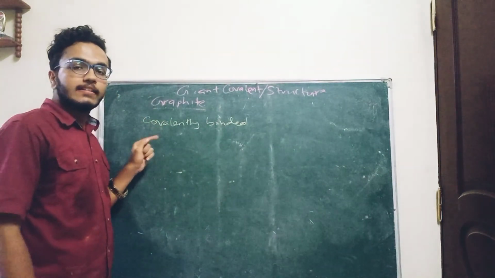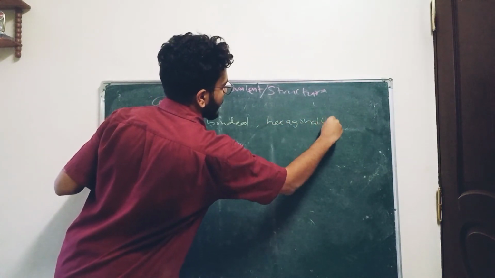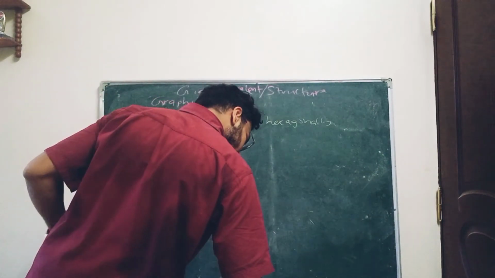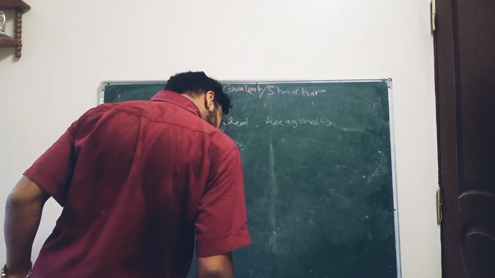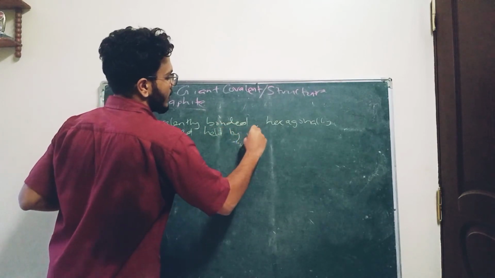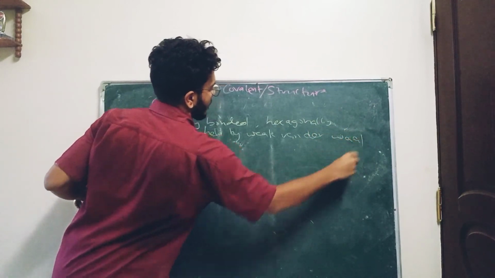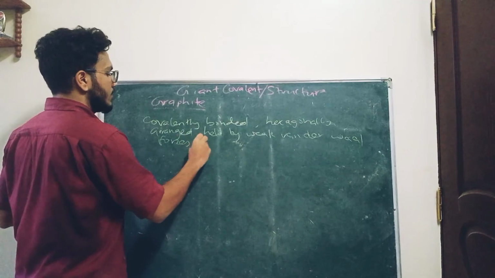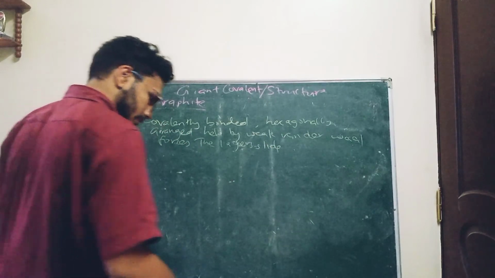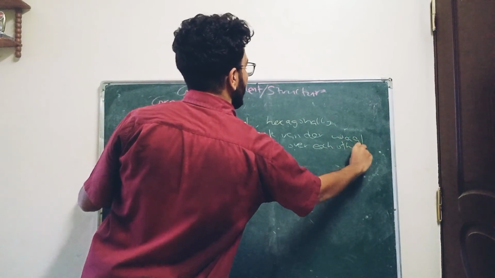In graphite they are hexagonally arranged, in layers held by weak van der Waals forces. The layers slide over each other when pressed.